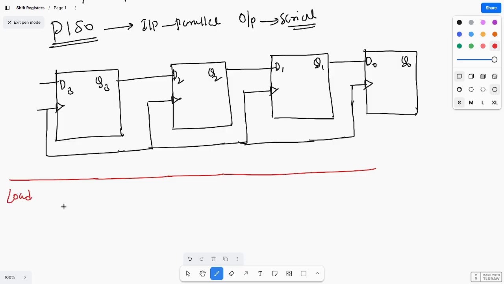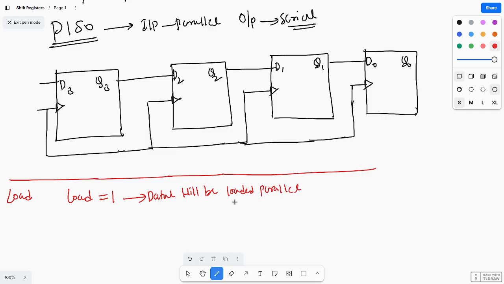Load means what? When load equal to 1, data will be loaded parallelly.